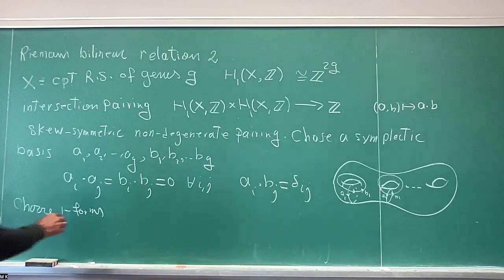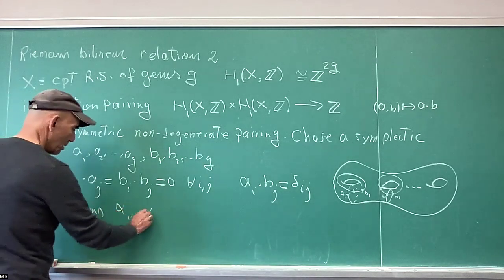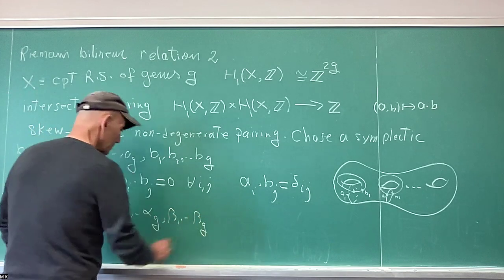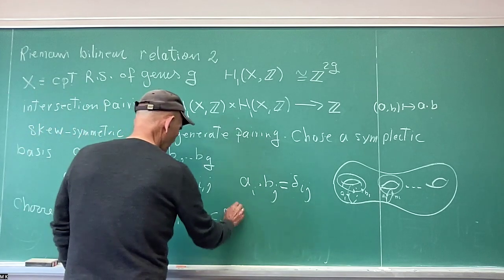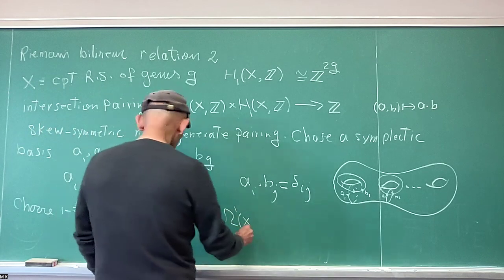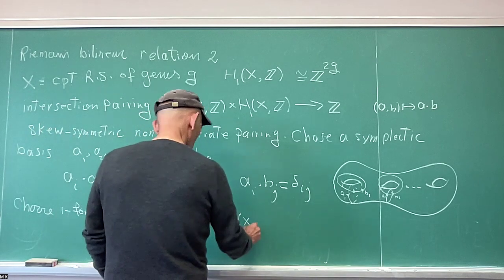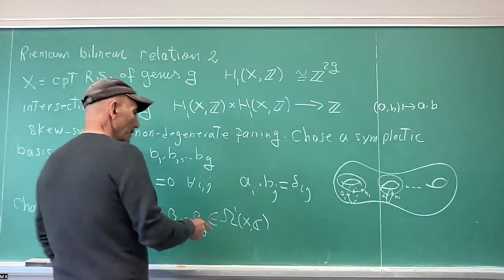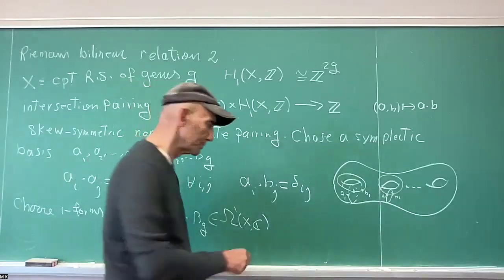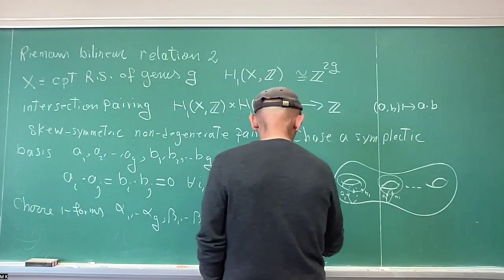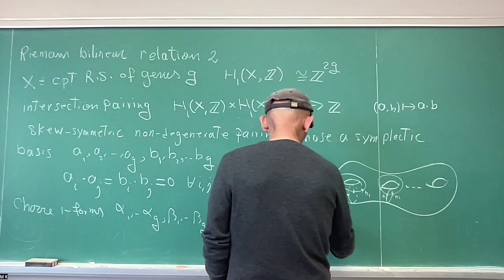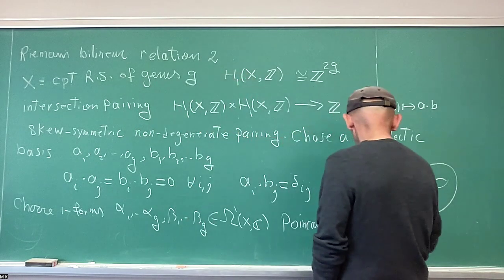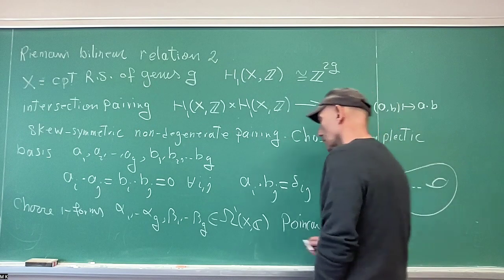Choose the one forms alpha 1, ..., alpha g, beta 1, ..., beta g, belonging to Omega 1 of X. So these are one forms, and these are Poincare duals to the cycles, to the symplectic basis.